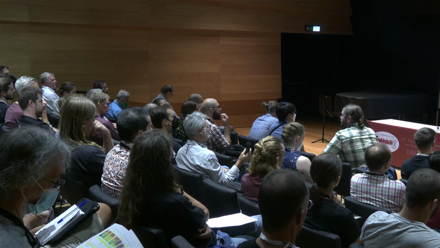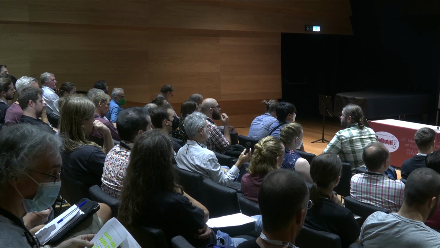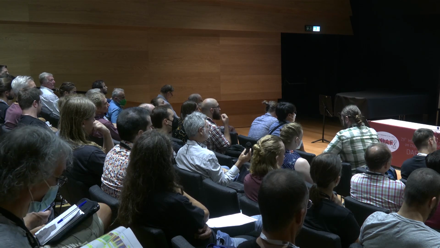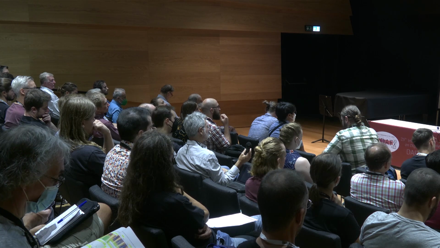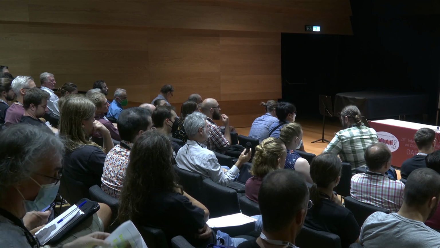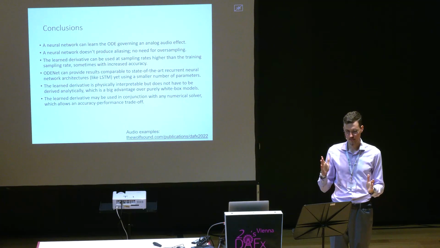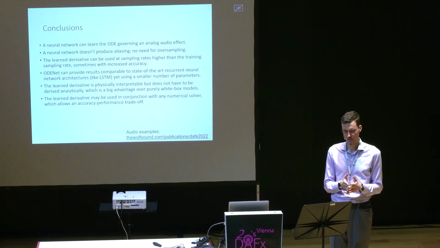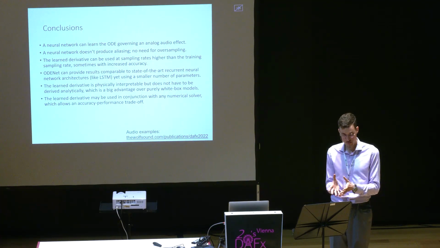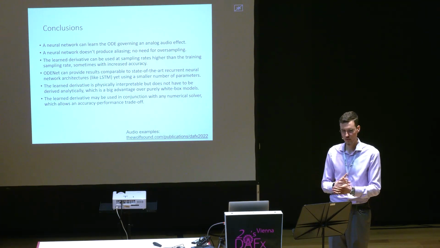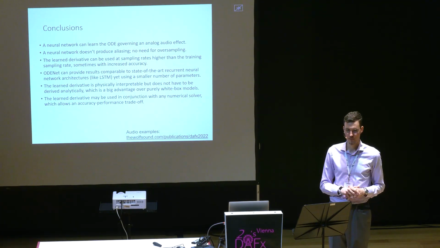Then we arrange these short segments into mini batches, and at each 2048 samples, we do a gradient step. Before the next step, we provide the actual value of the circuit at this point as the initial state, and then we let our network and solver combination predict the next 2,000 samples.